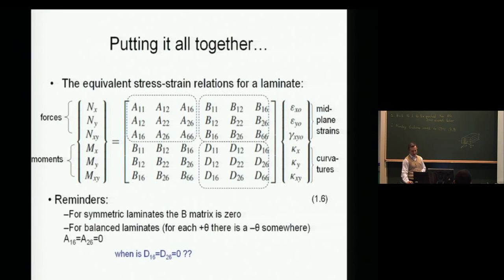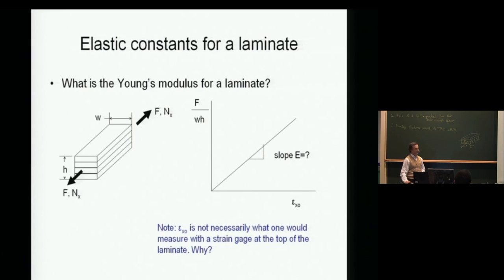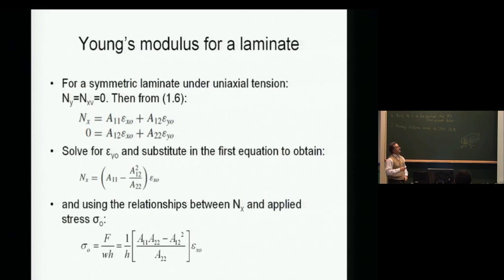So the first equation is A11 epsilon x0 plus A12 epsilon y0, and I'm neglecting the A16 gamma xy0 just to make the algebra a little easier. You can include it, and the final answer will have many more terms, but this is just to show the process. If it's under uniaxial tension, Ny is 0.